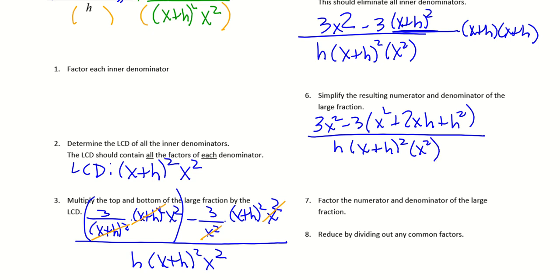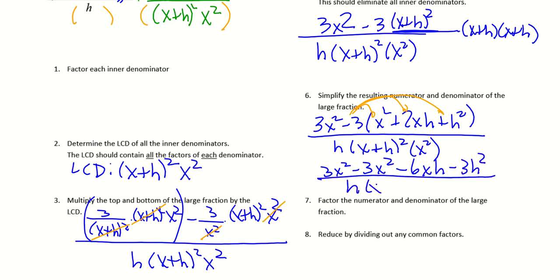If we now distribute this negative 3 across these additions, we get 3x squared minus 3x squared, ooh, that's cool, minus 6xh minus 3h squared, all over our h, x plus h squared, and x squared. Okay, what was cool is 3x squareds divide out.